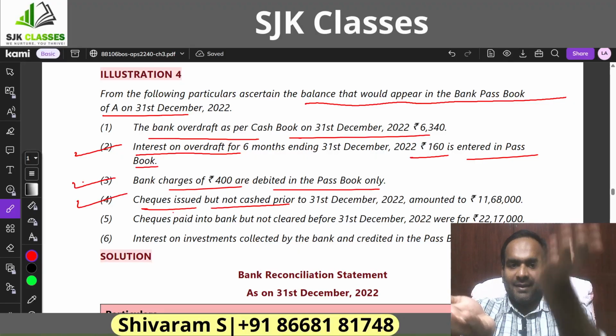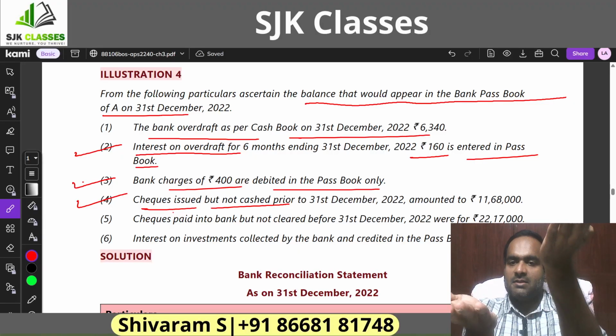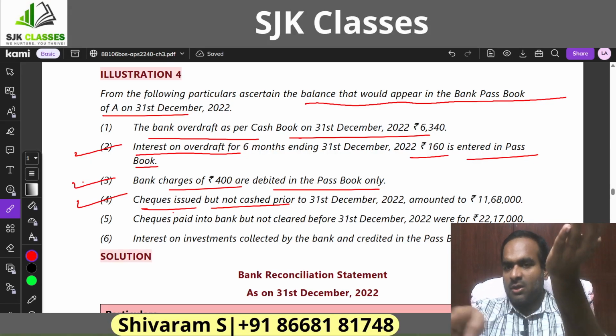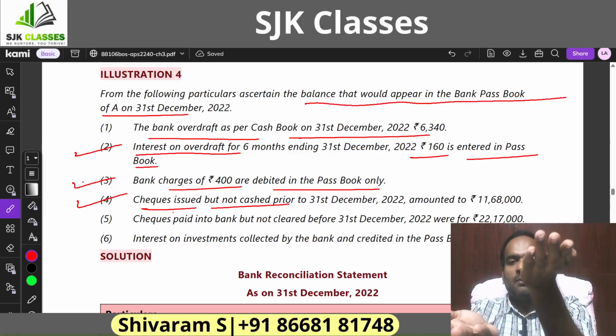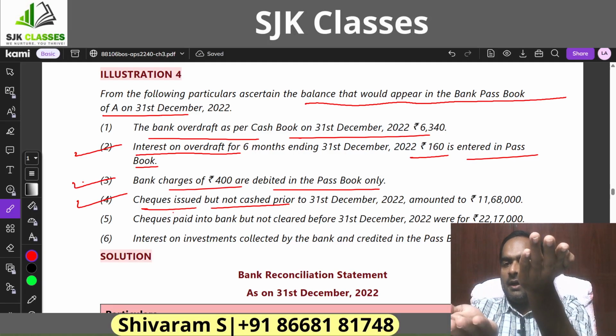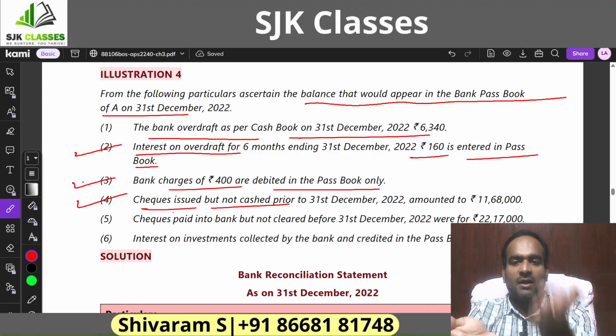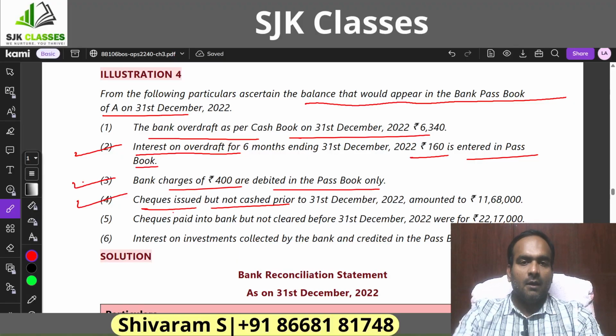So the left hand increases and the right hand stays the same. In passbook, there is no impact, because it's not yet cashed. So passbook stays the same. The left hand has gone up. Now for the transaction, we have moved our hands. For BRS, you have to plus minus your left hand only. So to match with the right hand, I should reduce my left hand. It's a case of reduction. Now let's go for the answer.